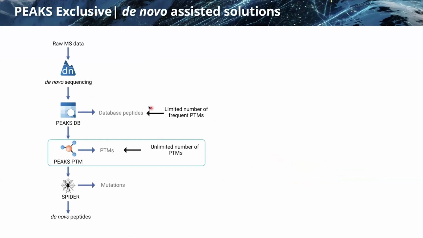And to conclude this part, the de novo sequencing is incorporated in our PEAKS database searches, on one end for an improved peptide identification score, and also for additional profiling of modifications, as well as possible amino acid substitutions or mutations.